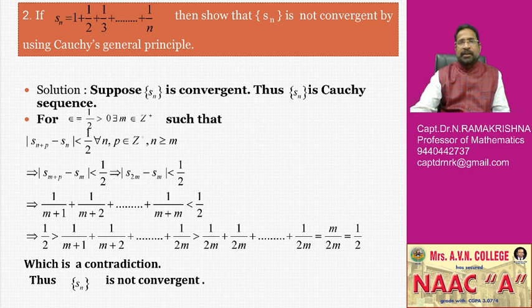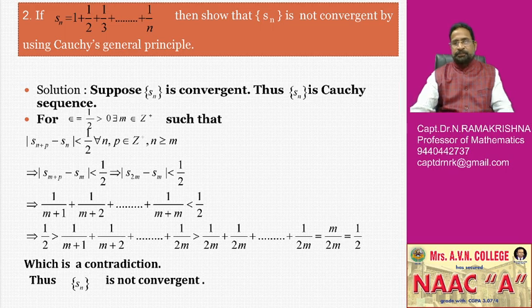These are all m terms. So m by 2m, the m cancels to give 1 by 2. So 1 by 2 is greater than 1 by 2. Again, a positive number greater than itself, which is absurd. So this is not a Cauchy sequence, and not a Cauchy sequence means it is not convergent.